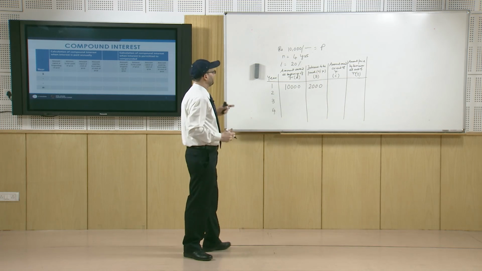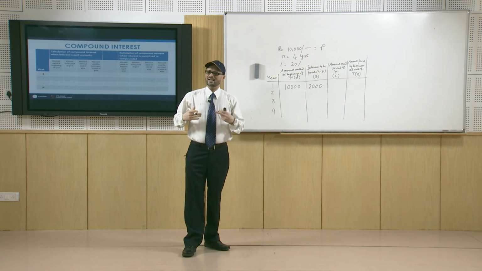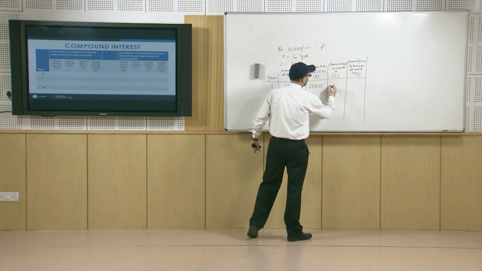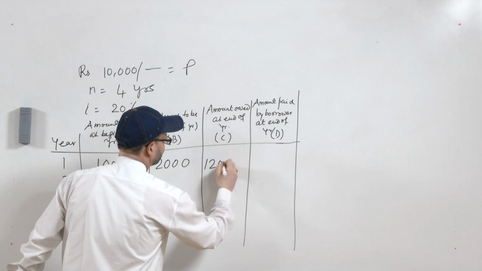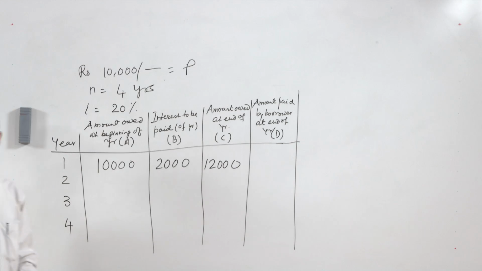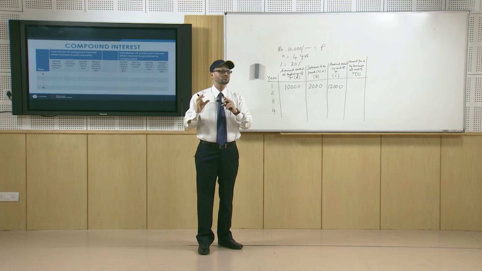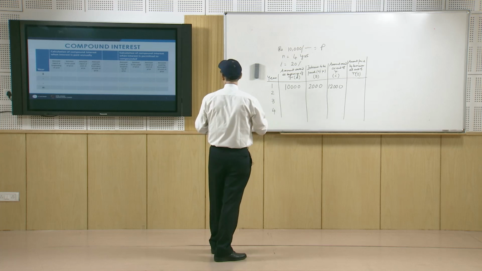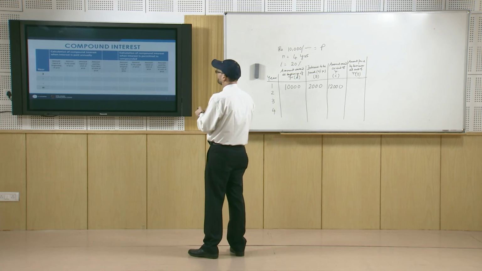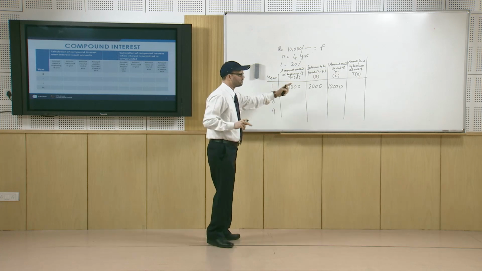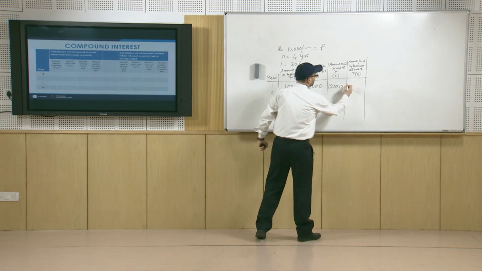So the amount owing at the end of the first year will be 10,000 plus 2,000, and that will be 12,000. Out of this 12,000, 10,000 is the principal sum and 2,000 is the interest. The condition is that we are talking about the case when he is paying the interest annually. So out of this, the interest amount 2,000 he has paid.